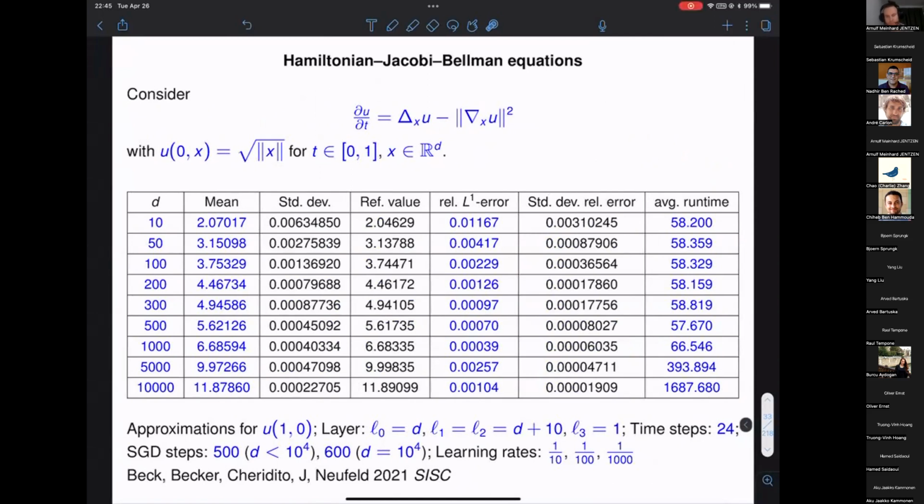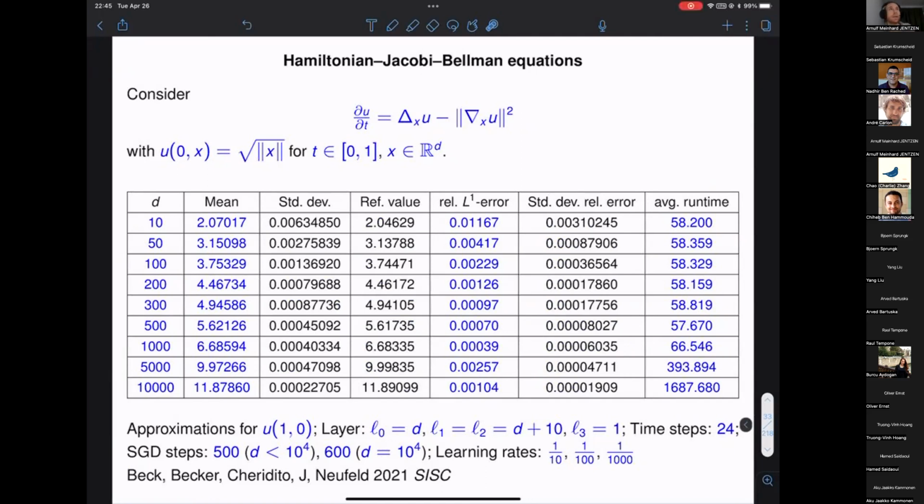As I said, there are also plenty of other approximation schemes and numerical simulations for challenging high-dimensional PDEs available in the literature, and many of them look quite encouraging when it comes to the question of whether it might be possible to overcome the curse of dimensionality with such methods.